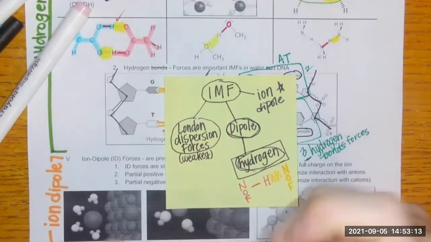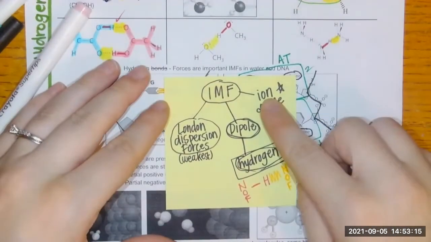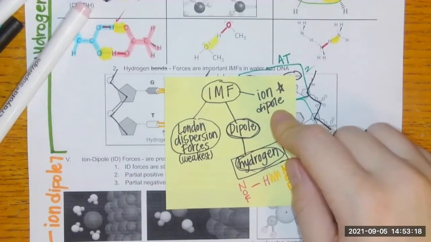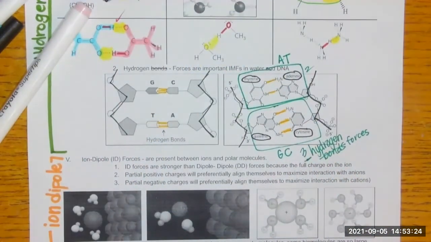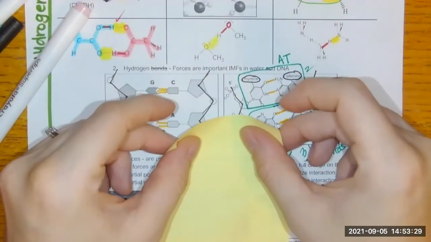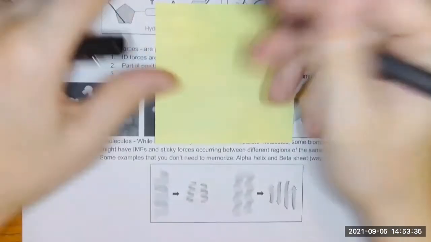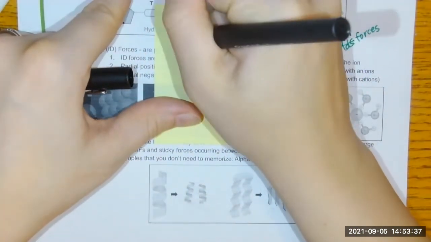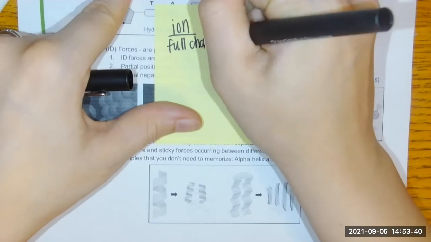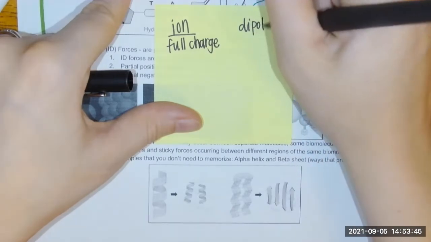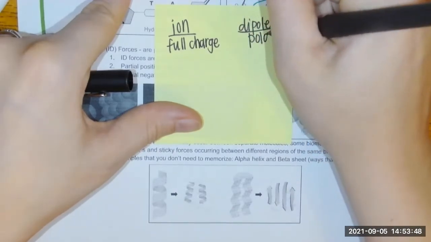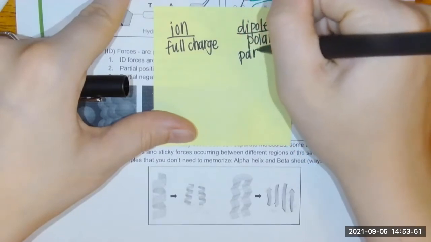Ion dipole is the last one, and it's exactly what it sounds like. You have an ion and a polar molecule coming together. Polar molecules have partial charges, not full charges, because if it has a full charge, then it's an ion. So an ion is a full charge, 100%. A dipole, aka polar molecule, only has partial charges.